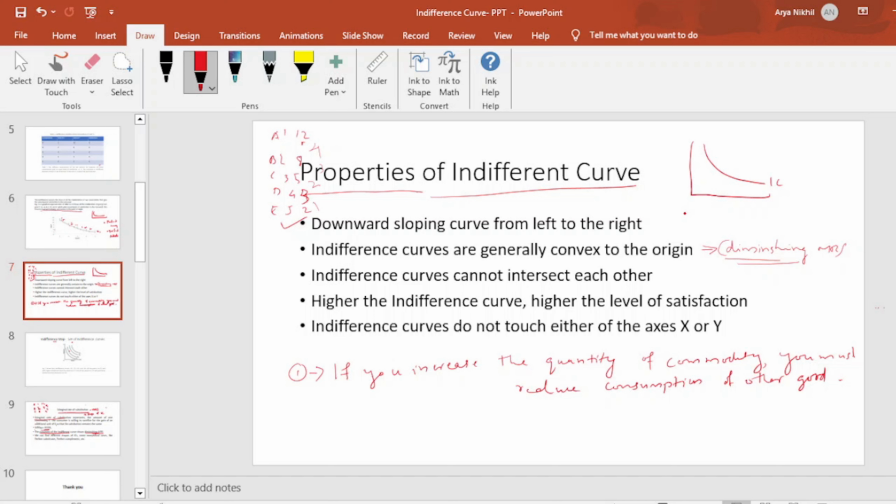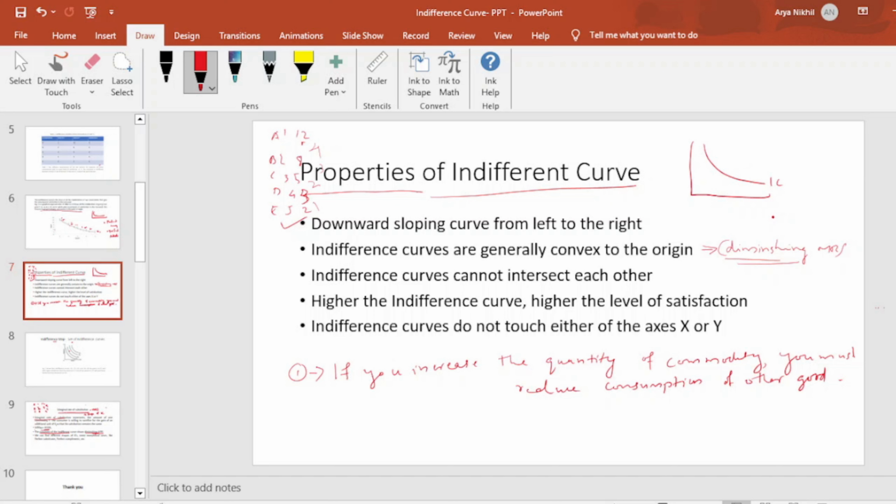Third property is indifferent curves cannot intersect each other. It is because if two curves crossed, it would mean the same combination gives 2 different levels of satisfaction, which is impossible.